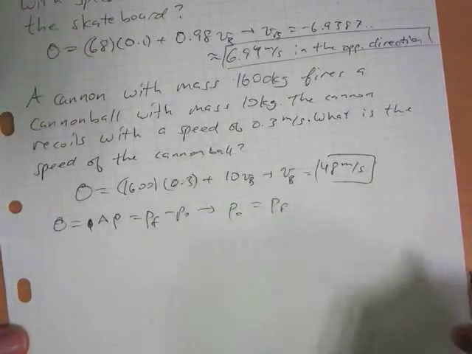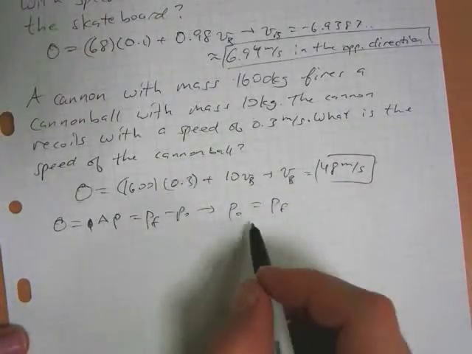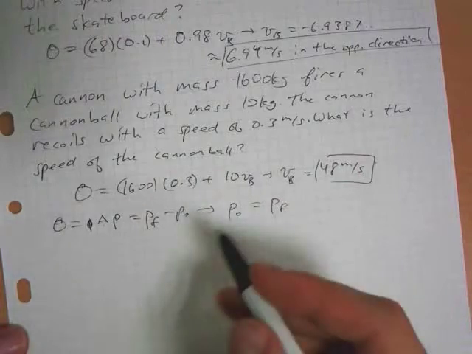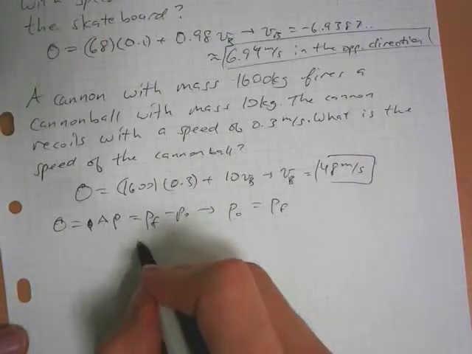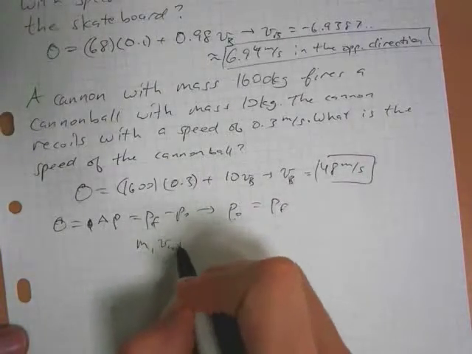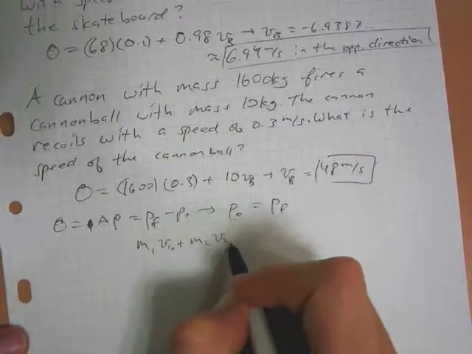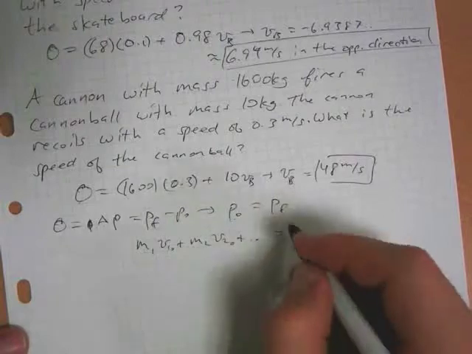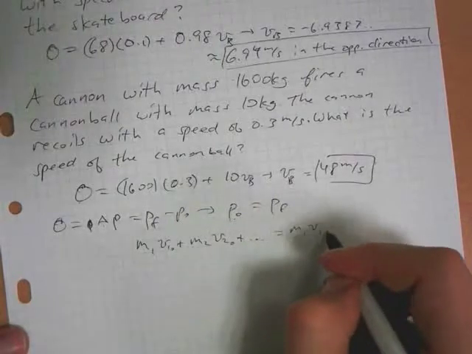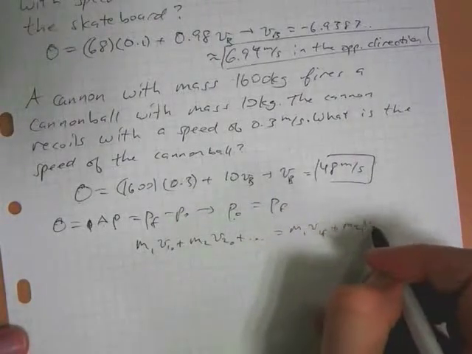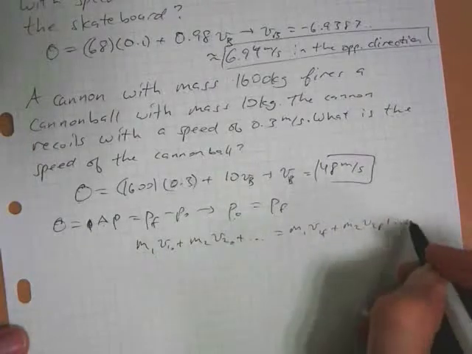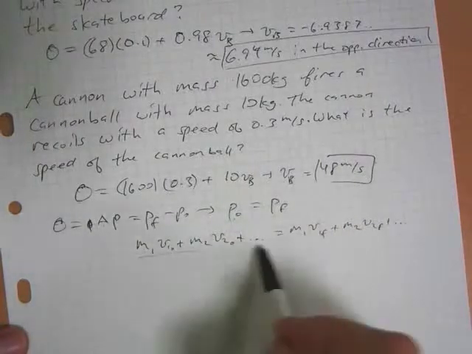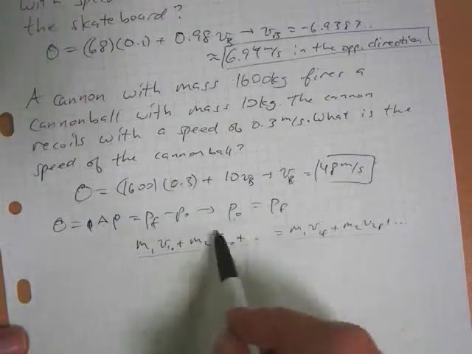You could have an arbitrary number of objects, so this initial momentum is going to be m1 v1 naught plus m2 v2 naught plus however many objects there are. And the final is going to be m1 v1 final plus m2 v2 final, etc. And we're going to look a little bit more at this in the next video.